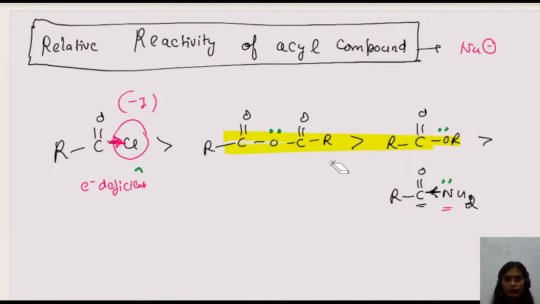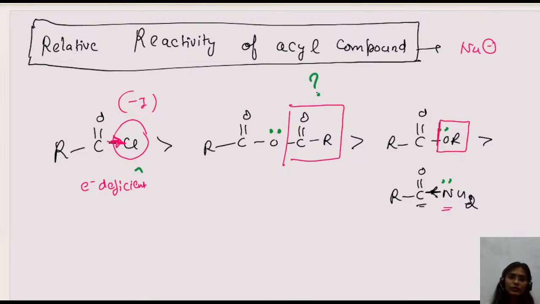Now there is a common point: this oxygen and this group. See this group. Can you tell me which kind of group this is, electron donating or electron withdrawing? Yes, please. Shiva, yes.